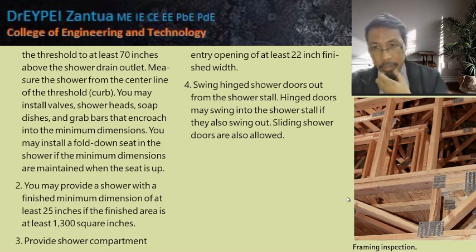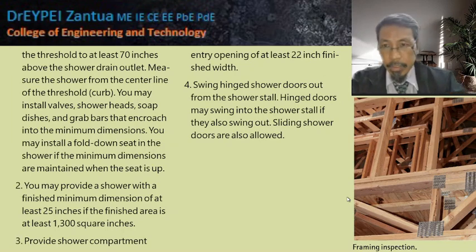And the threshold should be at least 70 inches above the shower drain outlet. Measure the shower from the center line of the threshold or the curb. You may install valves, shower heads, soap dishes, and grab bars that encroach into the minimum dimension. That is allowable. You may install a fold-down seat in the shower if the minimum dimensions are maintained when the seat is up.